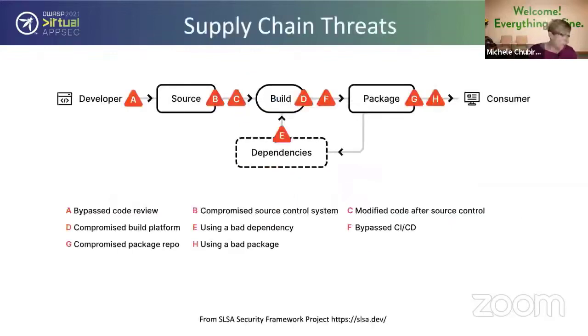So let's talk about some standard supply chain threats that you typically see. I've pulled this from the SLSA security framework, which is a supply chain security model. I highly recommend it. I think it started out at Google, but now it has multiple contributors from private industry. So you bypass the code review.